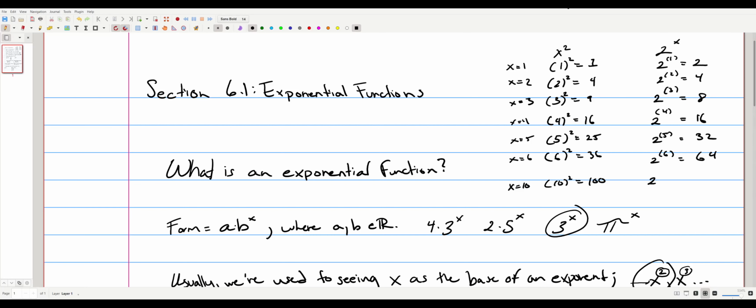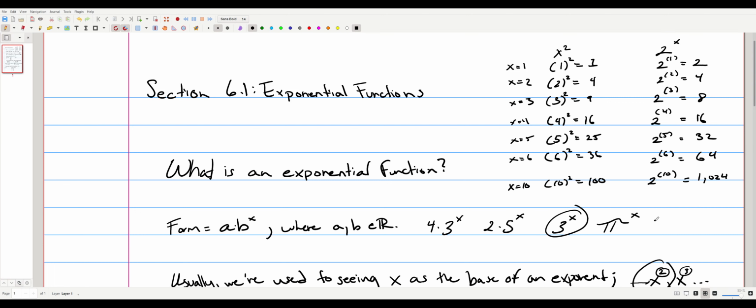And 2 to the 10th, well, since we know 2 to the 6th is 64, it's going to give us 64 times 16. It's going to give us 1024.